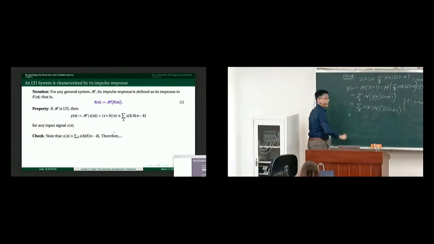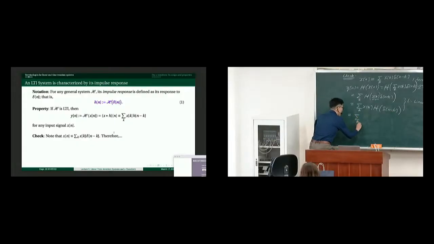So now we are ready to move on, because H is not only linear, but also time invariant. If H receives an input delta function which is delayed by k samples, invariance means the output is also going to be delayed by k samples.